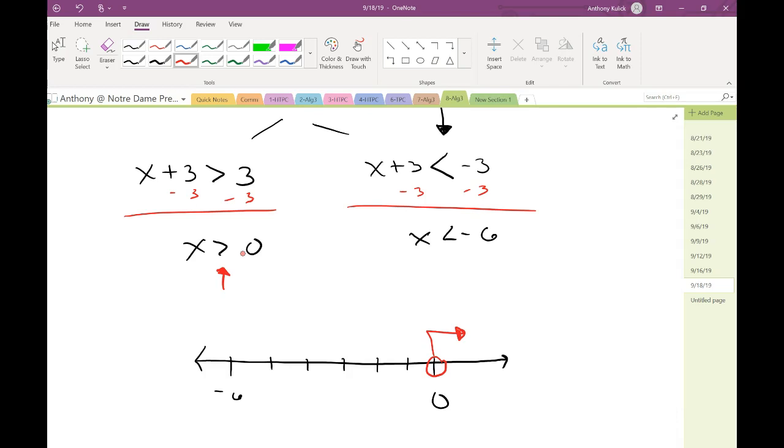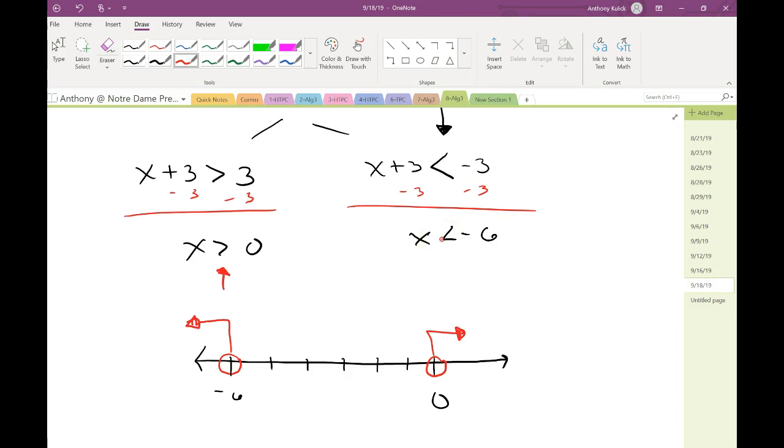Now I'll do the same thing for x is less than negative 6. So I'll start by making a mark at negative 6. The mark I make at negative 6 should be an open circle. And then I'm going to draw an arrow. Which way should my arrow be pointing? To the left. Remember, this says x is less than negative 6, so the things that are less than negative 6 would be like negative 7, negative 8, negative 9.